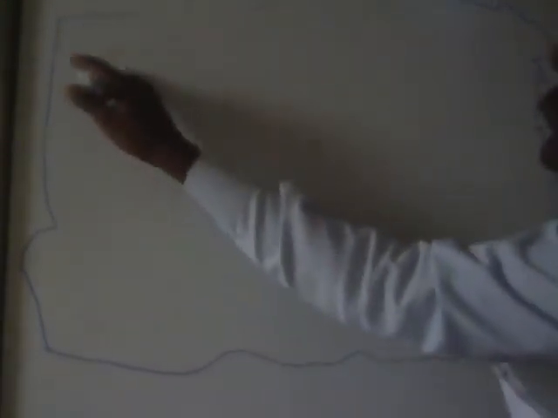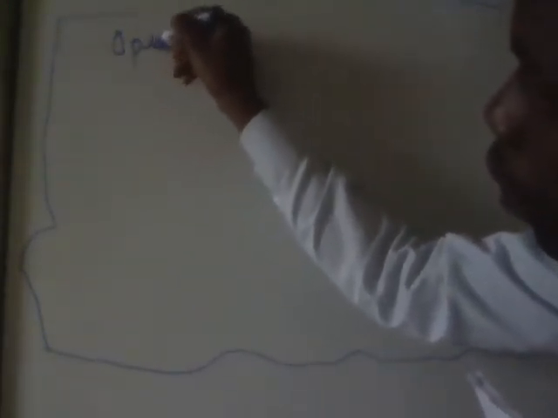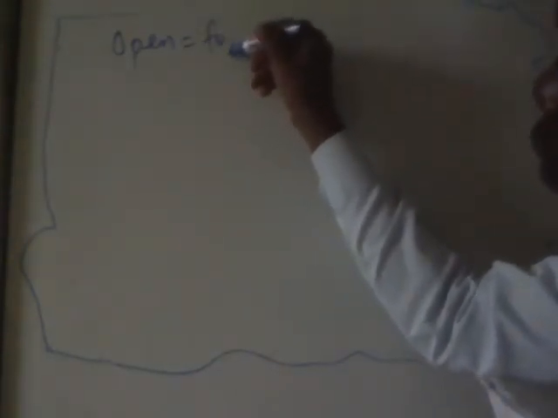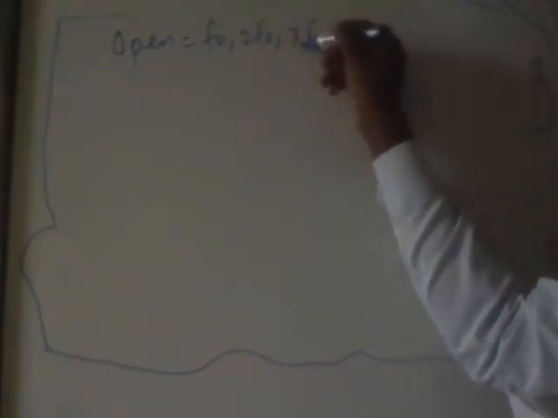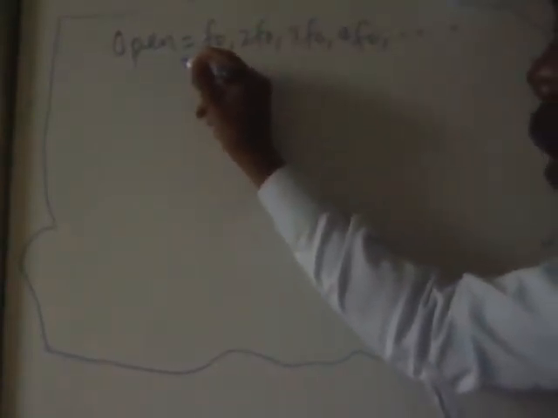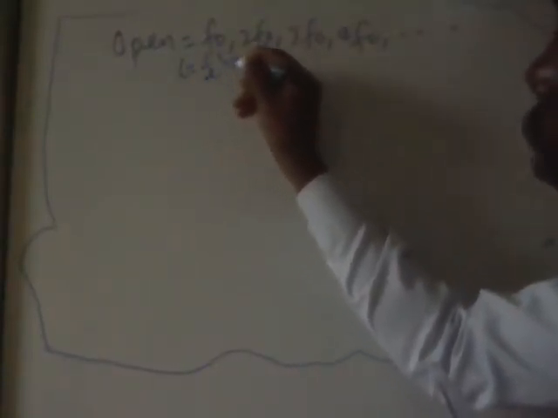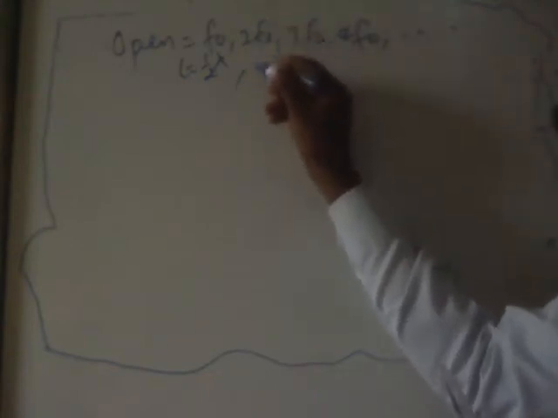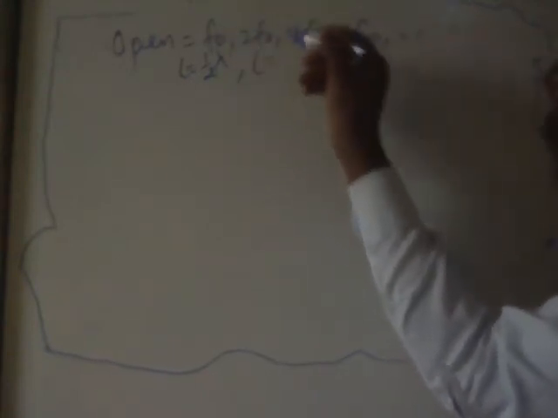Okay, let me write. Harmonics for open pipe. For open pipe, the harmonics are F0, 2F0, 3F0, 4F0, and so on. And the length is L equals 1/2 lambda. For the second one, L equals 2/2 lambda, just adding 1 to the numerator.